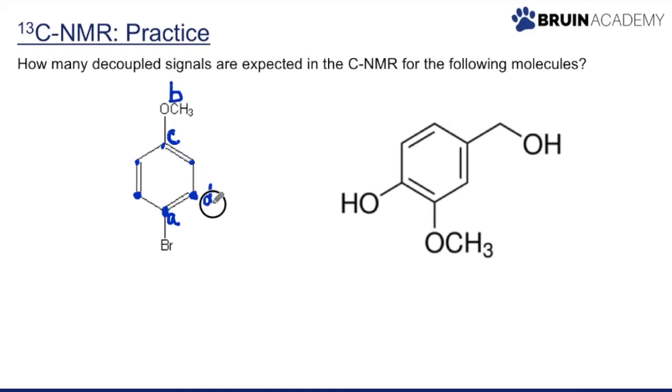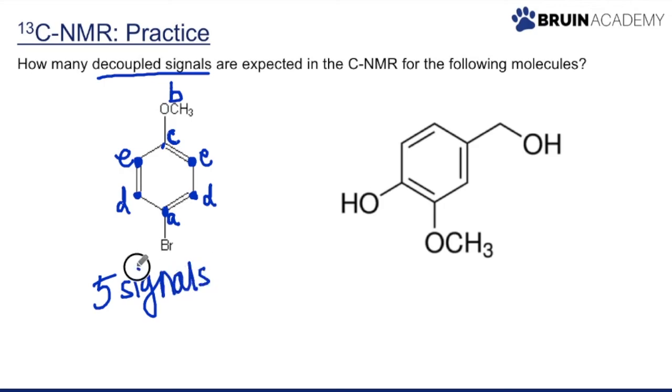So I'm going to label this as D and D. And then similarly, these 2 are equivalent to each other. So if we were to determine how many decoupled signals, again, remember decoupling means we don't have them split anymore, we would expect to see 1, 2, 3, 4, 5 signals in the carbon NMR spectrum for this molecule.